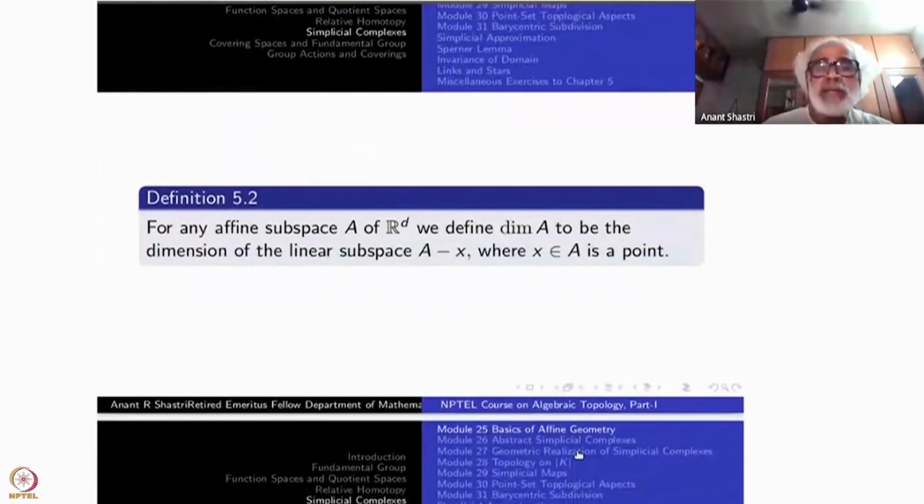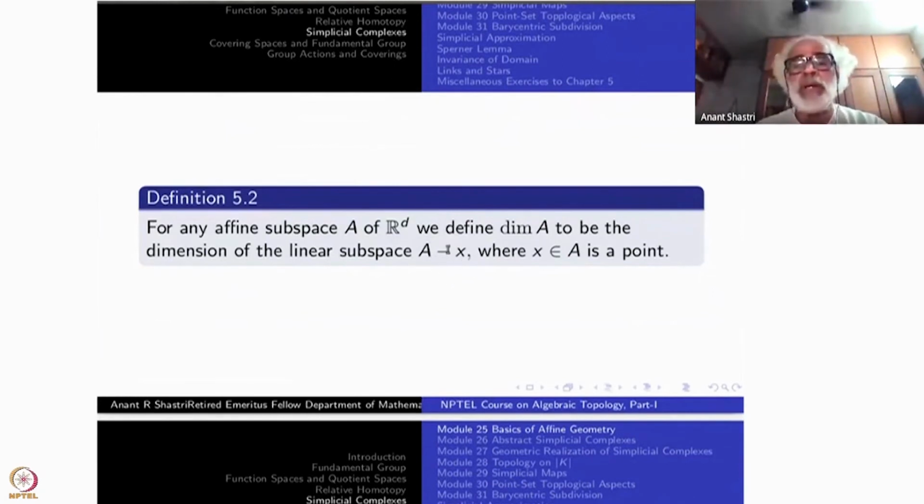So we define the dimension of an affine subspace to be the dimension of the vector space A minus x, where x is a point inside A. Take a point x inside A and subtract it, not throwing it away as a set. Okay, subtract it from all elements.